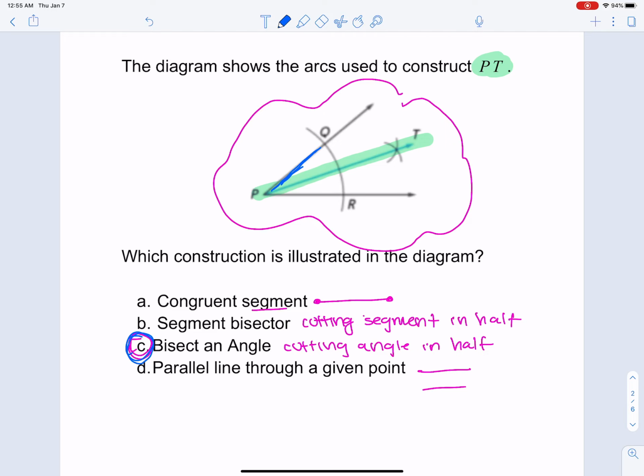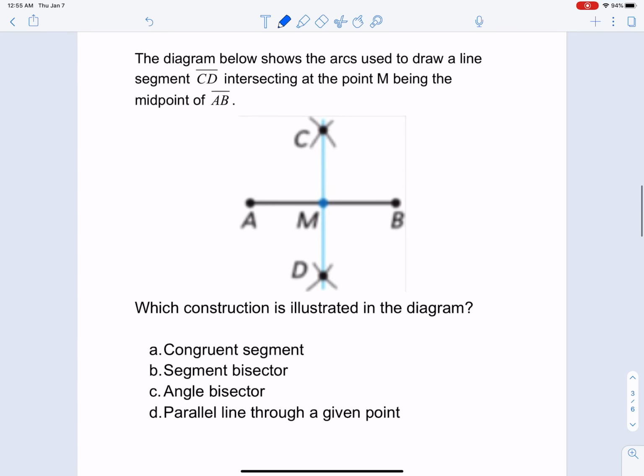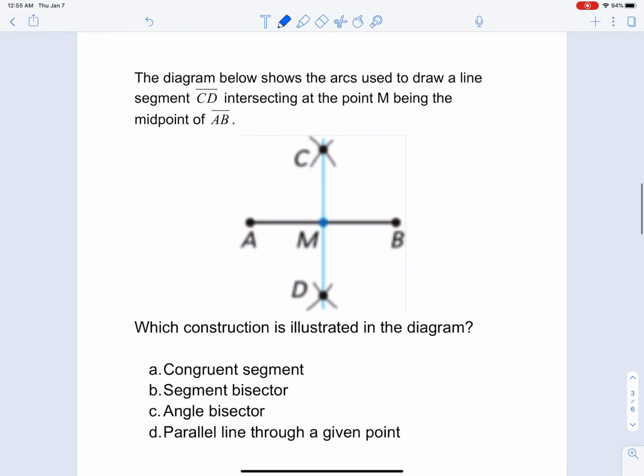All right, so let's try the next one. The diagram below shows the arcs used to draw a line segment CD, intersecting at the point M, the midpoint of AB. So we know M is the midpoint.